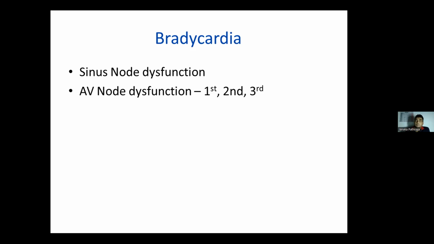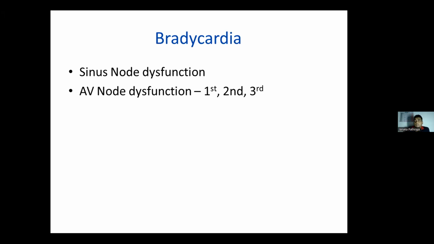That classification is no longer in use, but sometimes you might still see sick sinus syndrome type 1, type 2, type 3. We are not using that much now. What we now say is sinus node dysfunction. It could be type 1, type 2, type 3, or sometimes chronotropic incompetence also comes under sinus node dysfunction. All these problems are sinus node dysfunction.